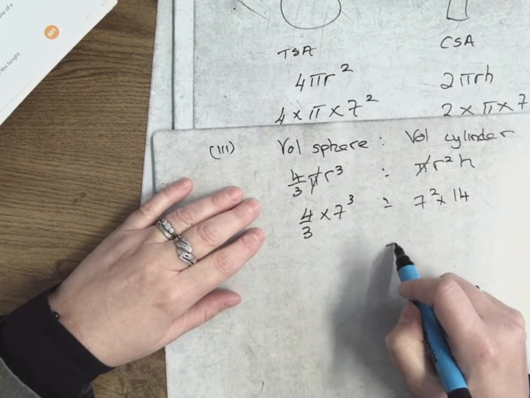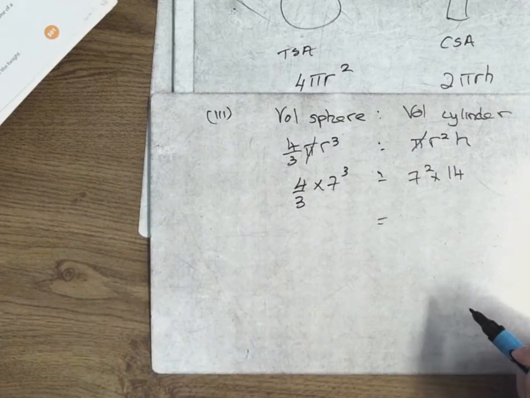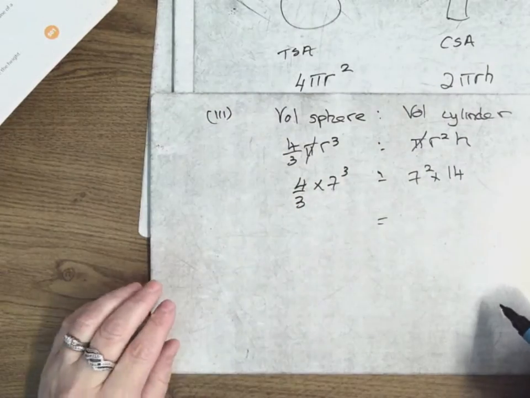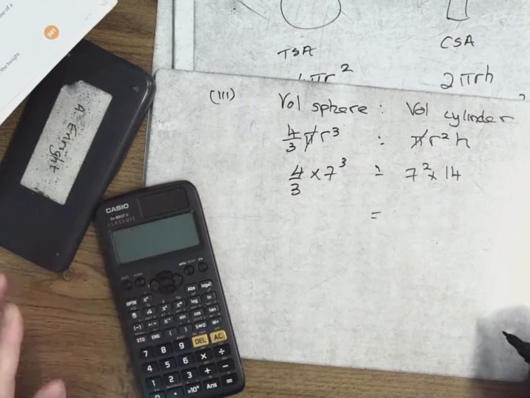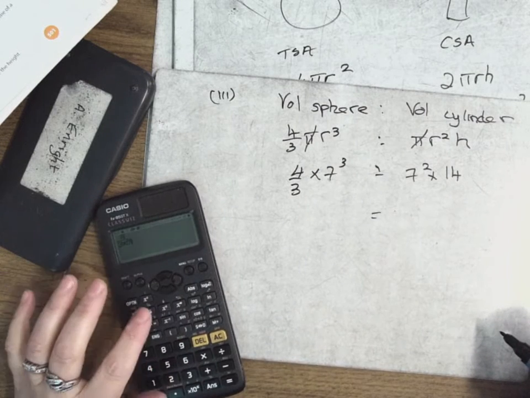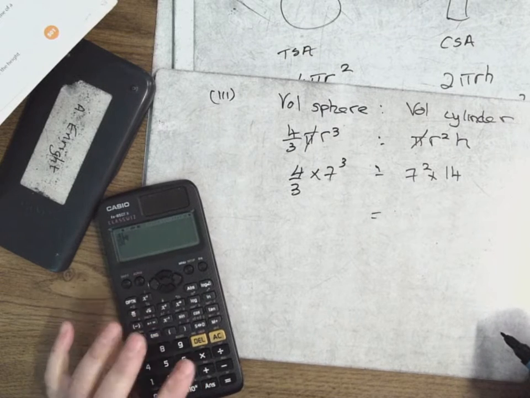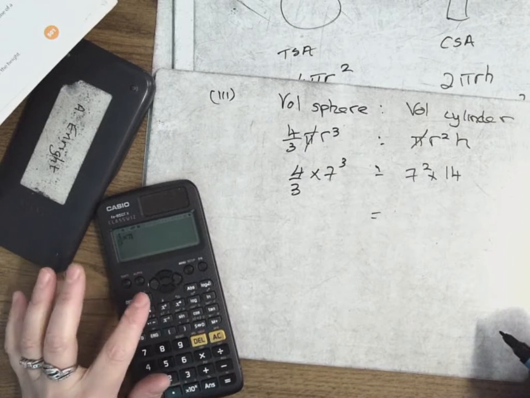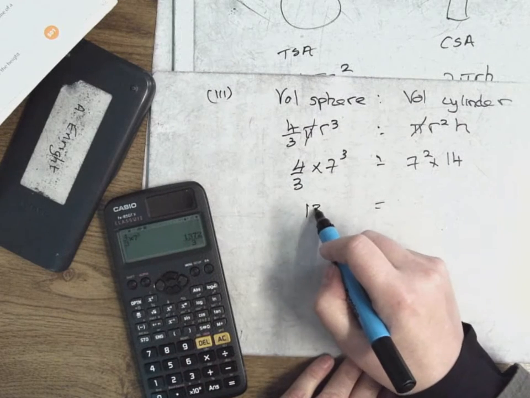Okay, so into the calculators with those. Can anyone tell me what you get at this side? 4/3 by 7 cubed equals 1372 over 3.